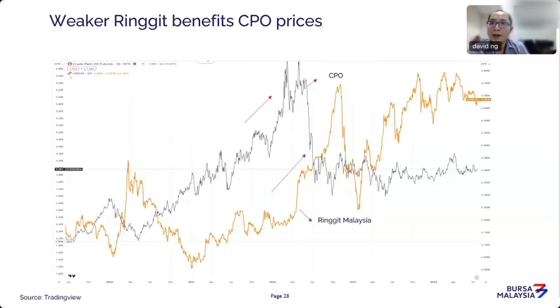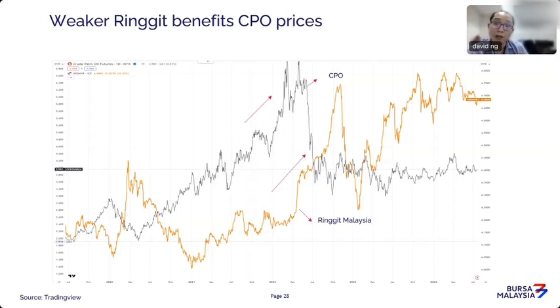Now, this is looking at the ringgit relationship against the CPO prices. You can see that a weaker ringgit normally means stronger demand for CPO, because right now, if you are a US buyer or US consumer, whenever you are faced with a weaker ringgit, or rather a stronger dollar, that means you can purchase more CPO. So whenever you have a weaker ringgit, it's usually beneficial for CPO prices.